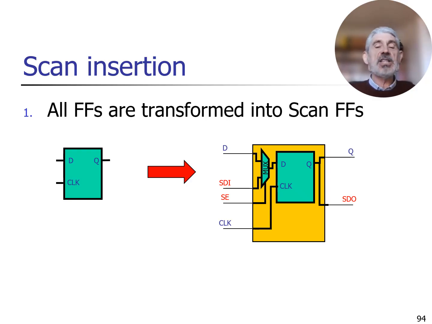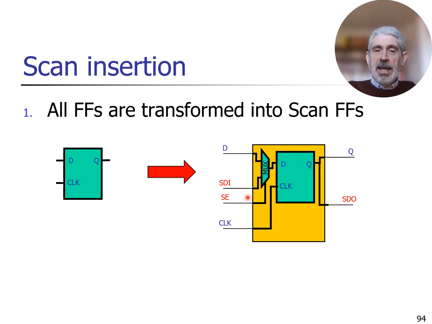The first idea is to substitute in my circuit every flip-flop with a scan flip-flop. A scan flip-flop is a flip-flop, let's assume it is a D flip-flop, to which I added a mux in front of the data input. Okay? You see here the mux which I added. Okay?